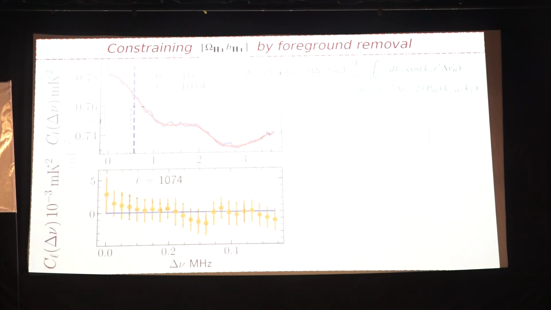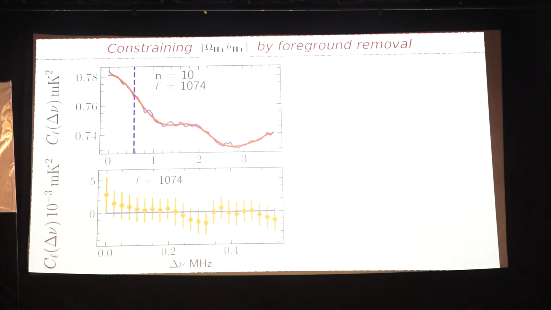Okay, so I'll show the results. Here is one particular L that I'm showing, where the blue line shows the measured data, and this blue dashed line shows where I have modeled the foregrounds. This region I have modeled for the foregrounds and extrapolated this curve into this region.